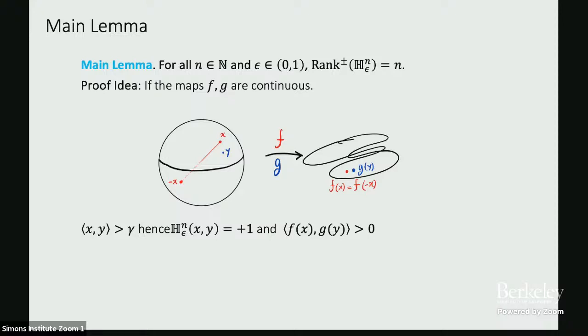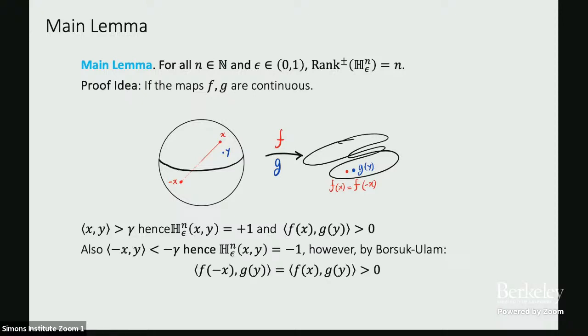So on one hand, I know that this is true because the maps are good. On the other hand, because of Borsuk-Ulam, f of minus x is the same as f of x. So it must be the same thing as this one. But this was positive.